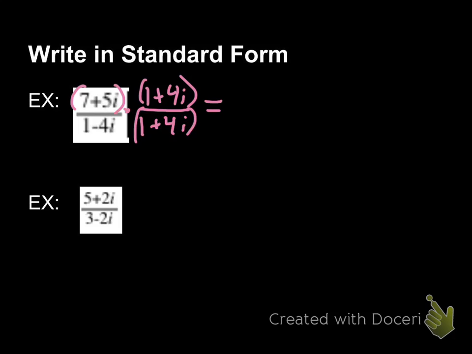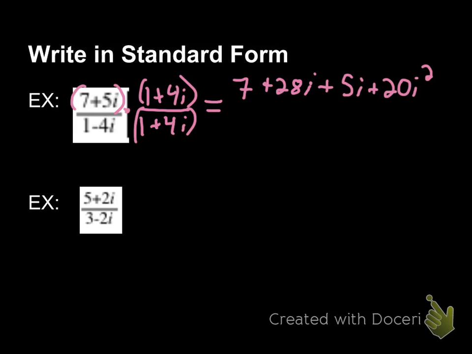What is 1 times 7? 7. What is 7 times 4i? Plus 28i. What is 5i times 1? Plus 5i. And lastly, what is 5i times 4i? Plus 20i squared.